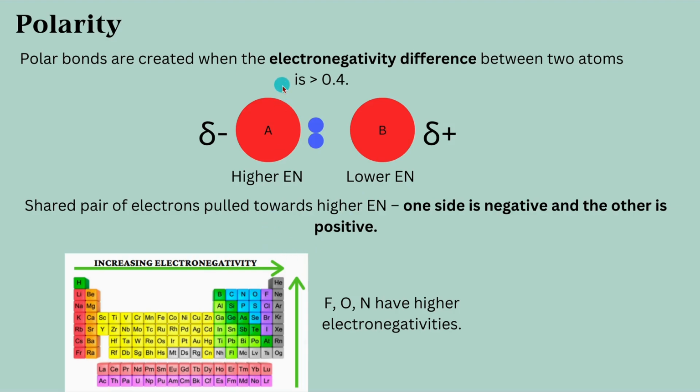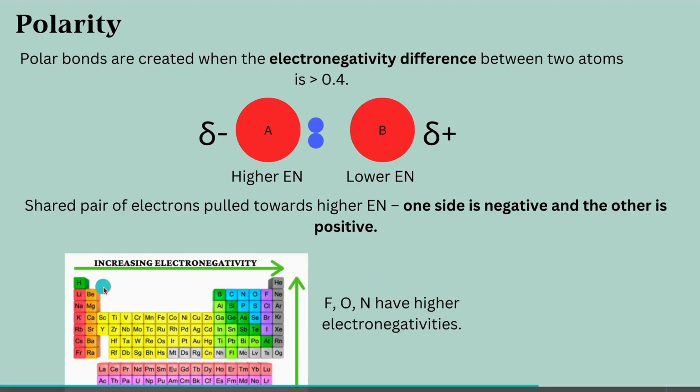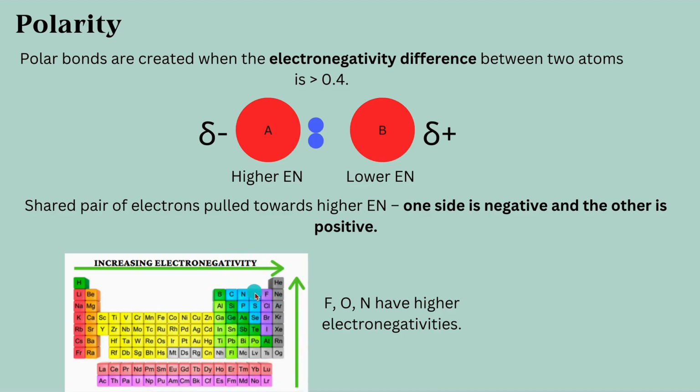This creates a polarized bond, like a magnet. One pole is positive, one pole is negative. The shared pairs of electrons are pulled towards the higher electronegativity, right here. And as you can see, because of this chart, with electronegativity increasing across and increasing up, elements in the top right have higher electronegativities.